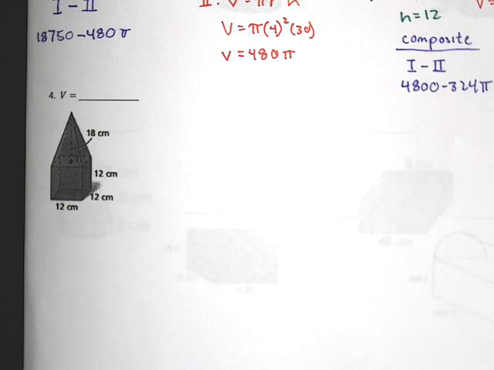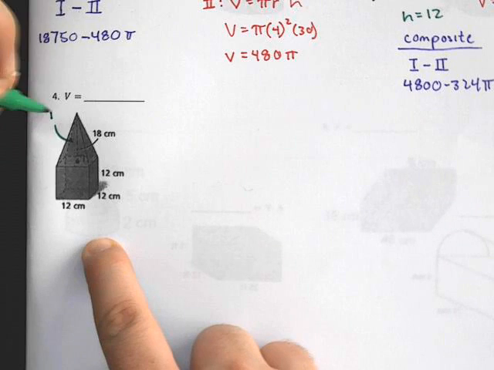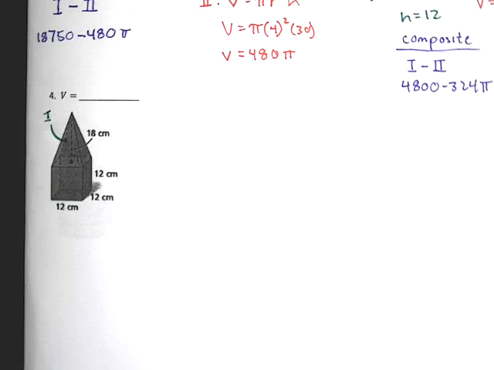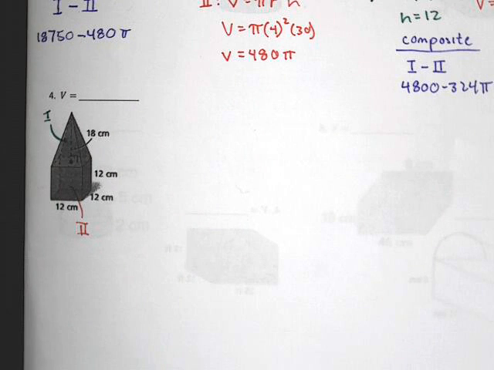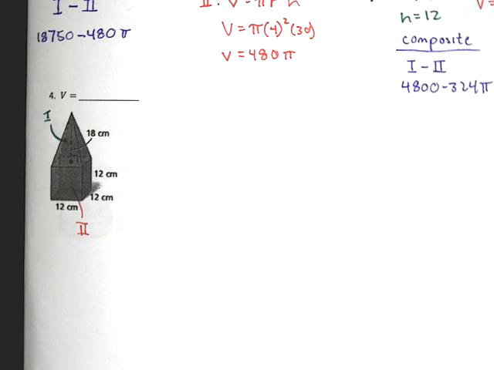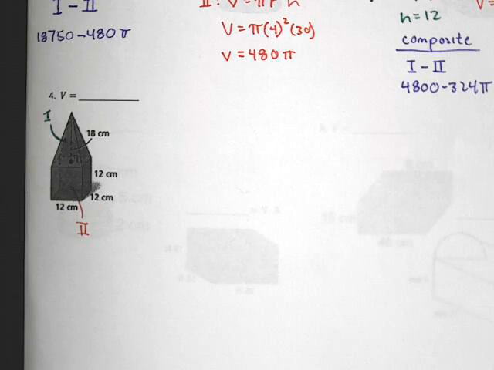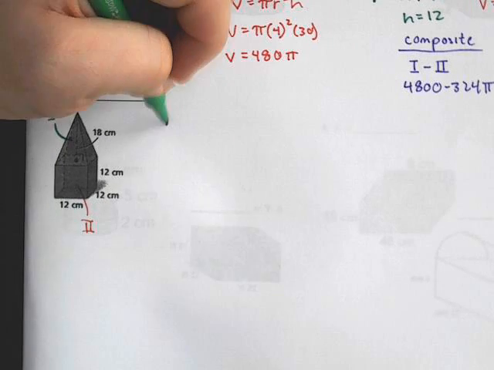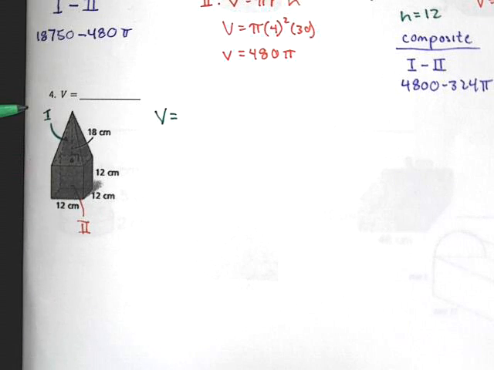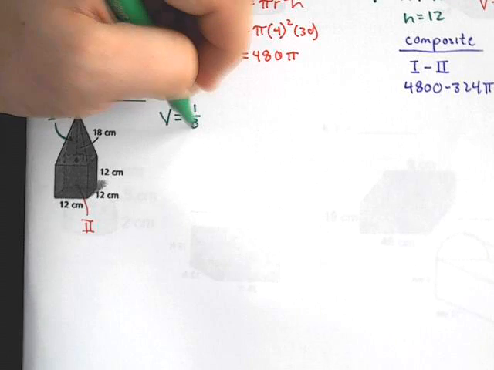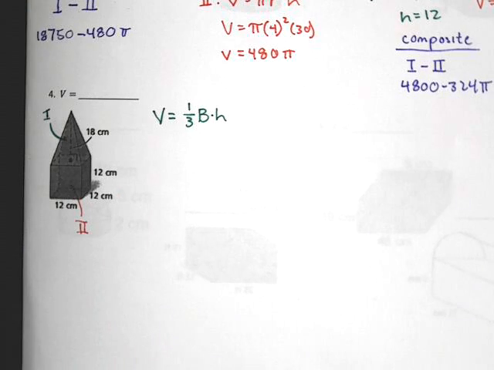So, same thing as usual. Split it up. Shape 1, shape 2. This one looks like we have just about everything we need already, which is nice. All right, if we take a look at shape 1 first, we notice that this is a pyramid, so we know that we're going to use 1/3 BH.